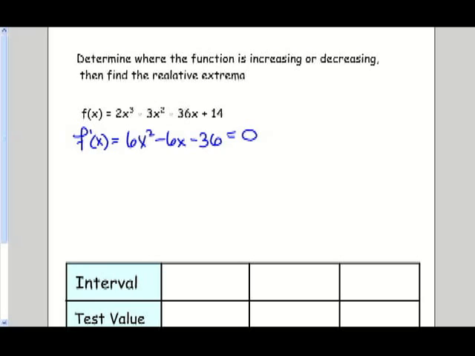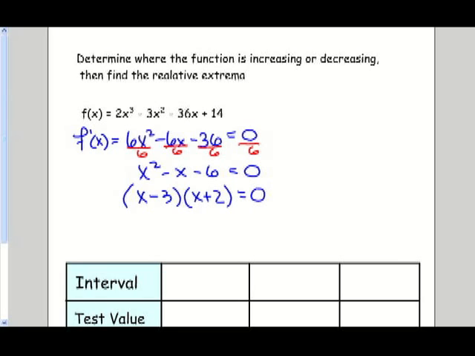So let me first just divide everything by 6. If I do that, I've got x squared minus x minus 6 equals 0. And if I factor this out, I get that x is equal to 3, x is equal to negative 2.